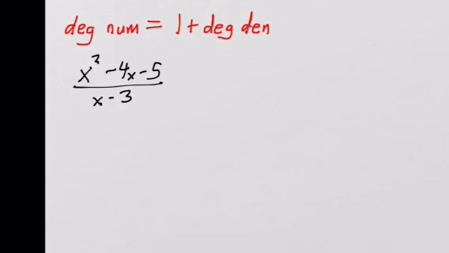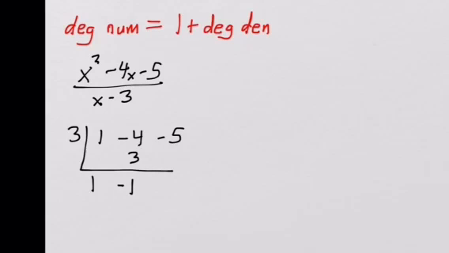So what I'm going to do here is set up synthetic division. I put a 3 out there, and then inside it's 1, negative 4, negative 5. Let's bring down the 1, multiply it by 3, and add. And then multiply by 3, and add.